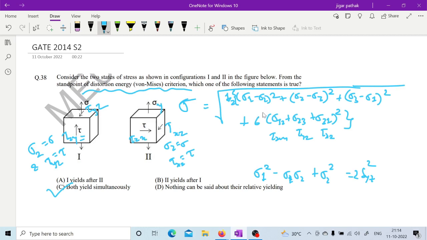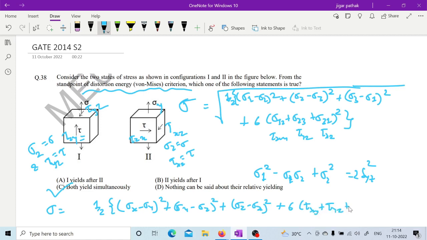So in this equation it is 1 by 2 in bracket: (sigma x minus sigma y) square plus (sigma y minus sigma z) square plus (sigma z minus sigma x) square, right? And plus 6 into (tau xy plus tau yz plus tau zx). So it also has its proof, but we have not considered it here in this lecture, right?